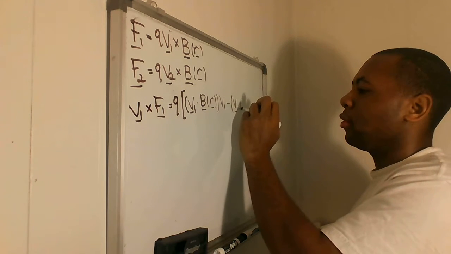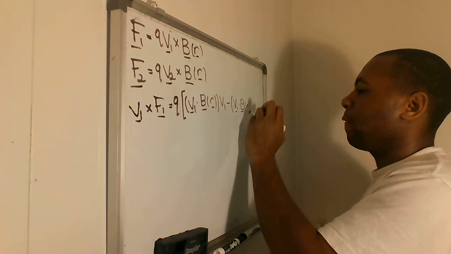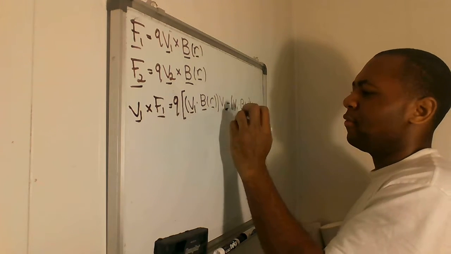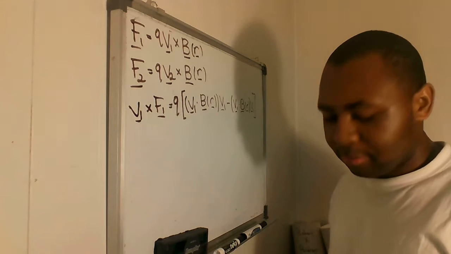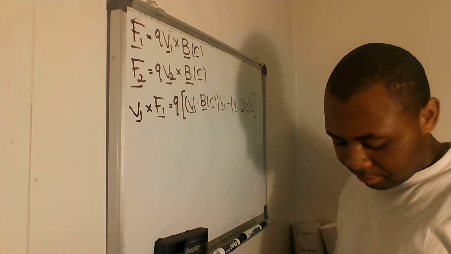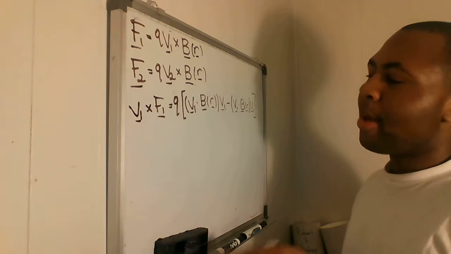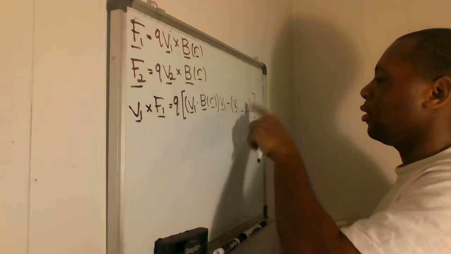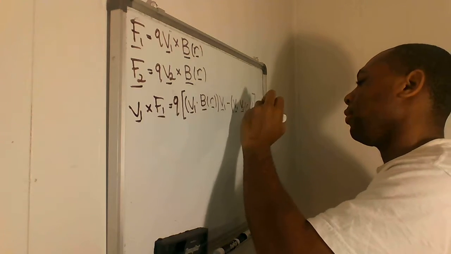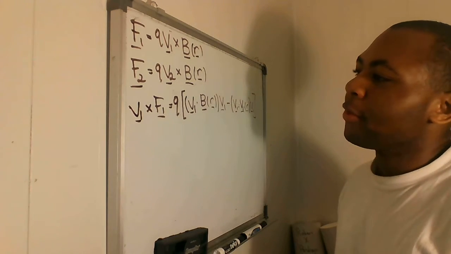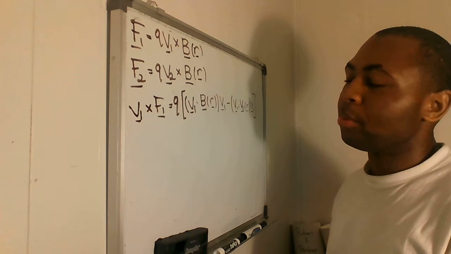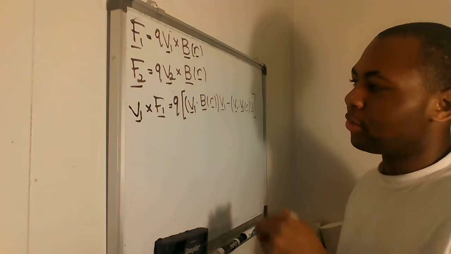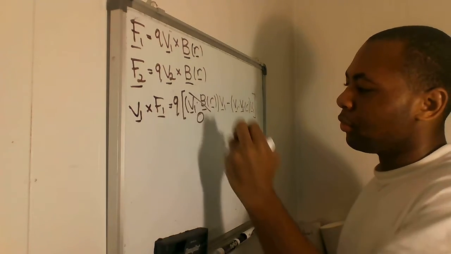Let me check. No, BAC-CAB, so A cross (B cross C) equals B(A dot C) minus C(A dot B). Yeah, that was wrong. First and foremost, we know that we only have a force when v is perpendicular to B. That's magnetostatics. So this is going to be 0.